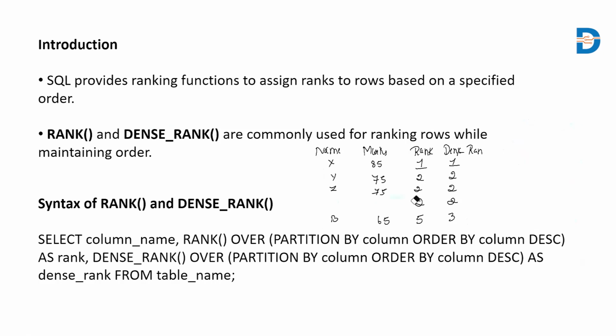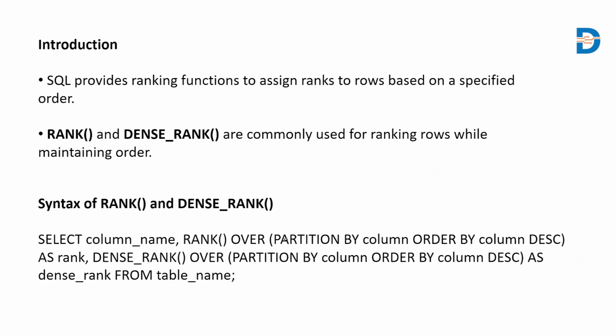So the syntax that we follow for rank and dense rank: we select the columns that we want to work with and rank. You already know window functions. We need to provide an OVER clause. OVER is for the window. It will add a column to give information; it will not reduce the base table.